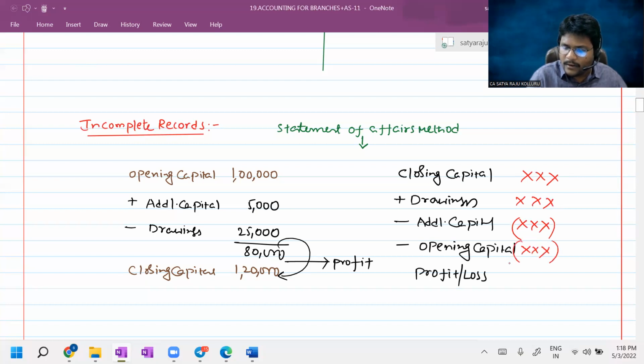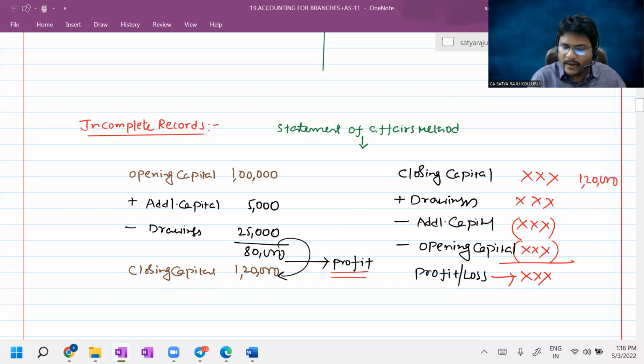The component we get is technically known as the profit or loss of that particular period. Now, in the reverse manner, I made this pro forma: closing capital, add drawings, minus additional capital, minus opening capital. Then I got this balancing figure of profit or loss. If you want, you can put the figures here. Closing capital is 1,20,000, right?